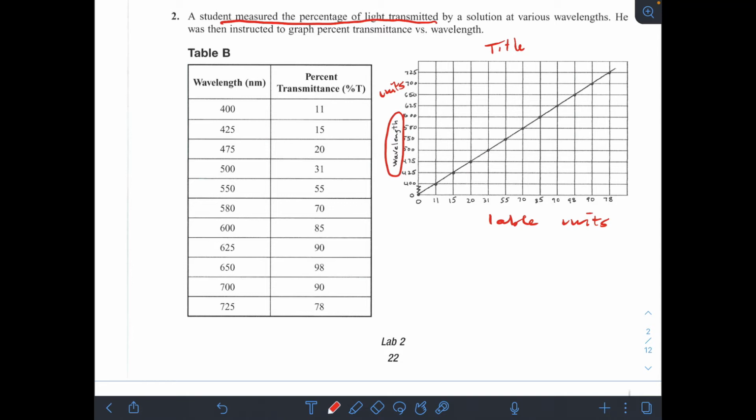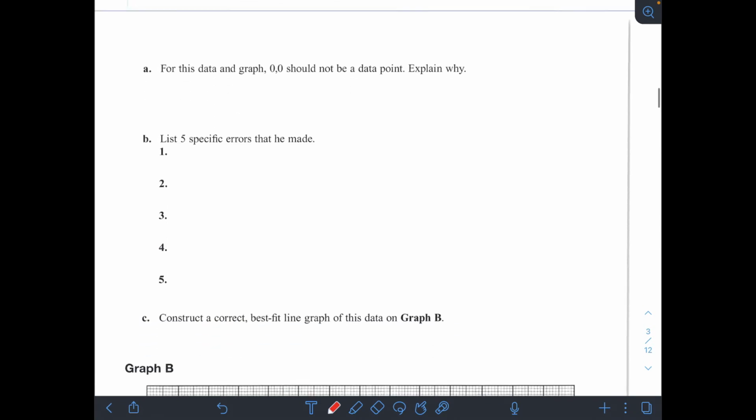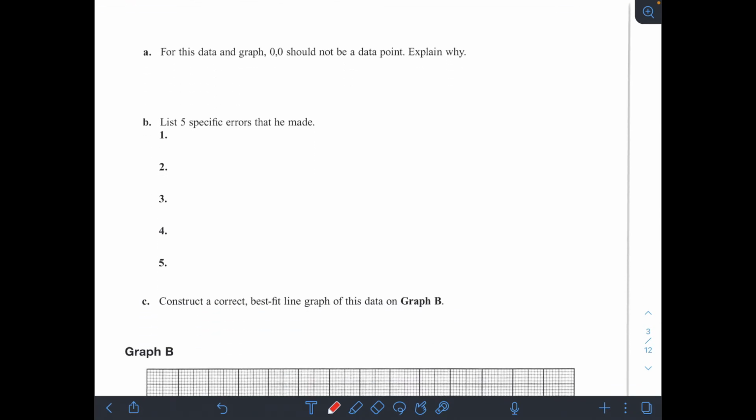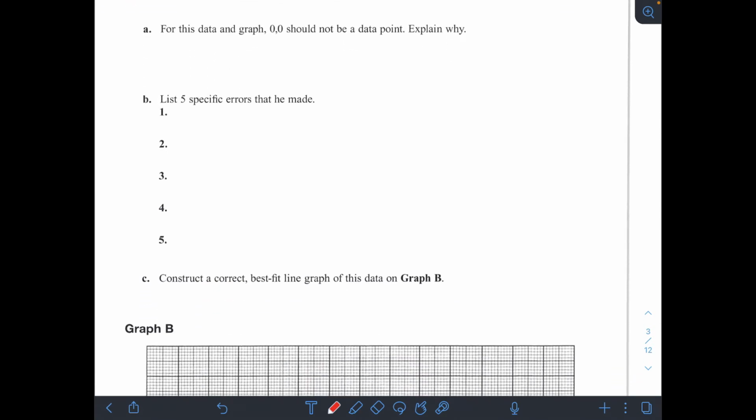I can have a wavelength of near infinity and still not have 100% transmittance. Or I can have a wavelength near 0 and have plenty of transmittance. So it doesn't necessarily correlate to a 0 point. Also, if I have 0 wavelength, I have 0 light. So I can't measure anything at that point.